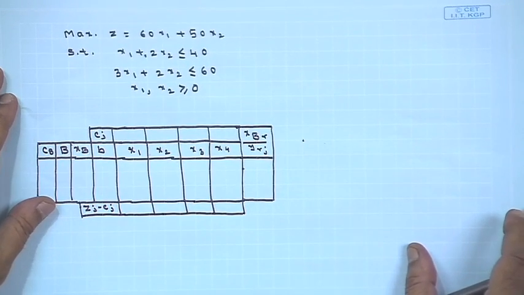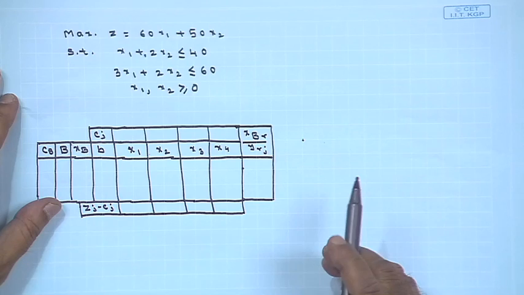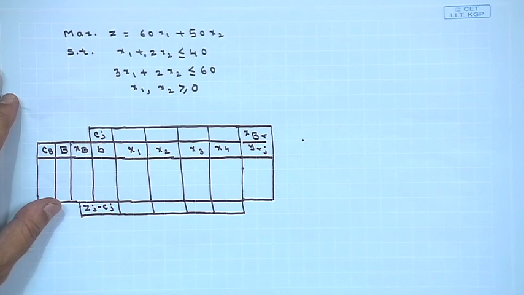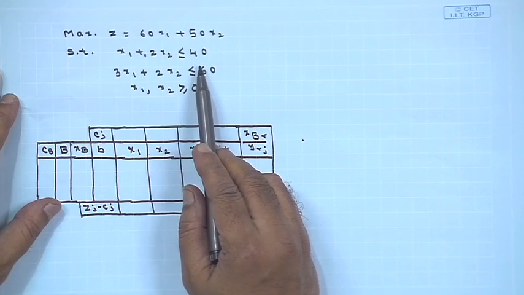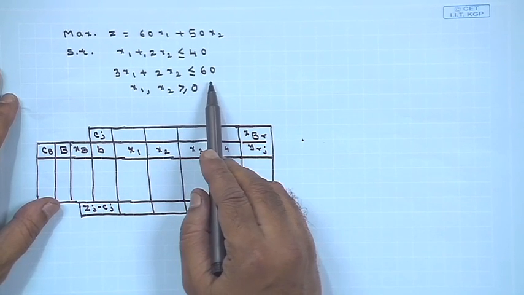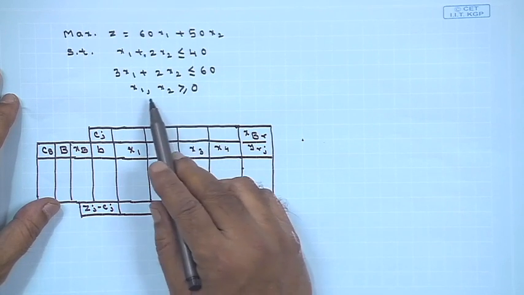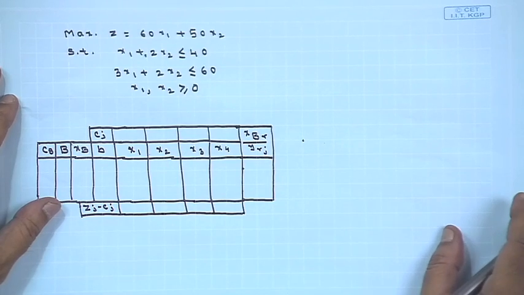Let us take a problem: maximize z equals 60 x 1 plus 50 x 2, subject to x 1 plus 2 x 2 less than equals 40, 3 x 1 plus 2 x 2 less than equals 60, and x 1, x 2 greater than 0.